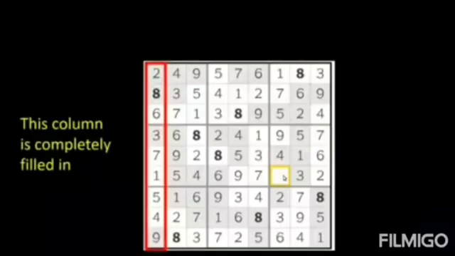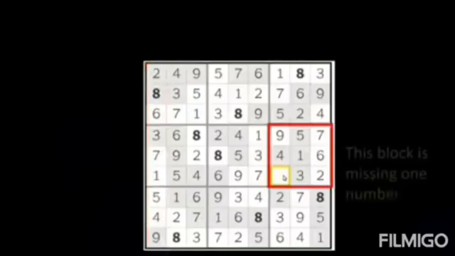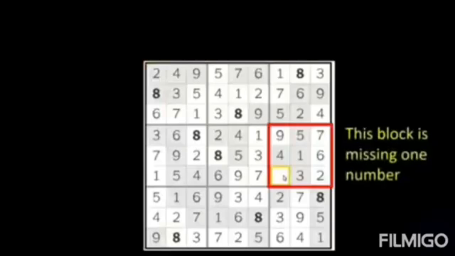While moving through a row, we can again see here it is completely filled in. This block is missing one number. So how can we get this number? Let us find.